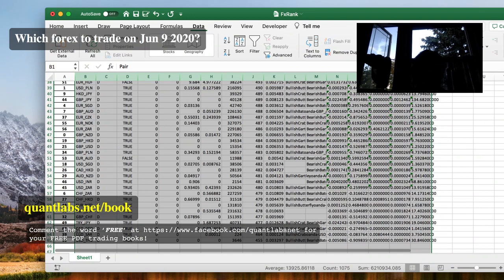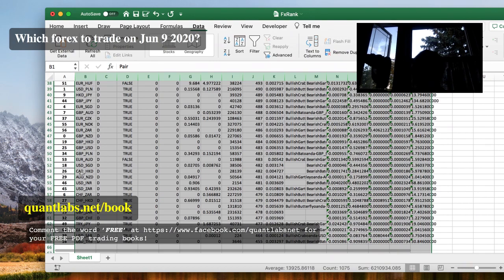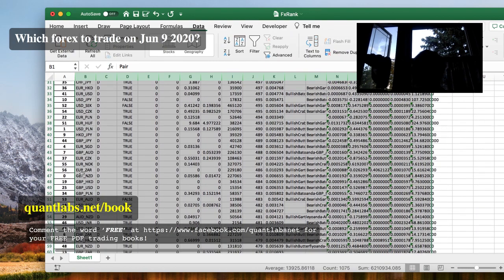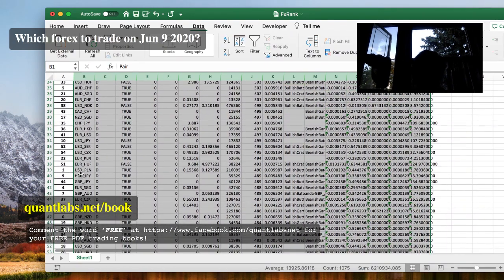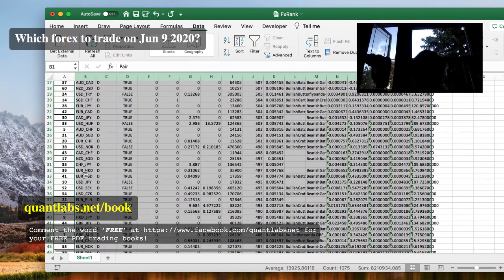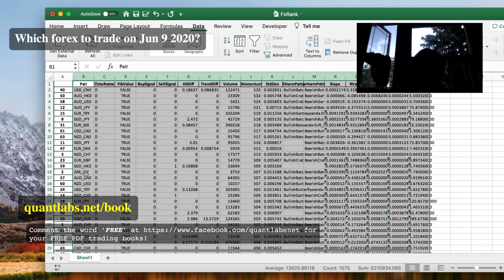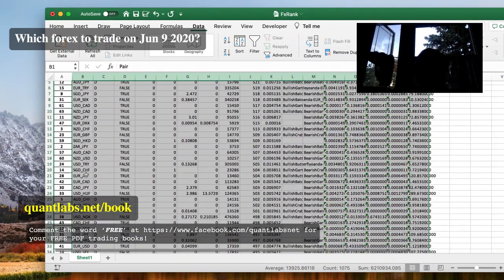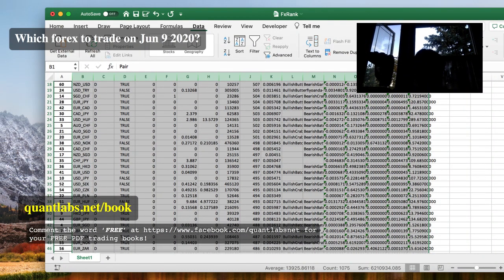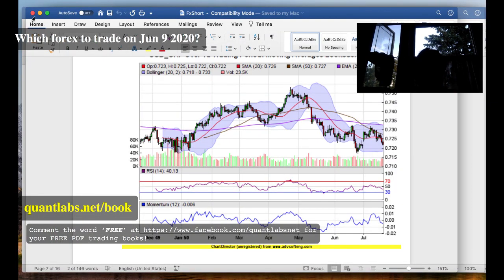So it's the SGD. I don't even see Singapore. It's not even the top half or bottom half. So I don't think this shorting is worth really pursuing.